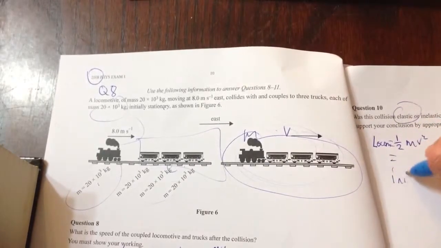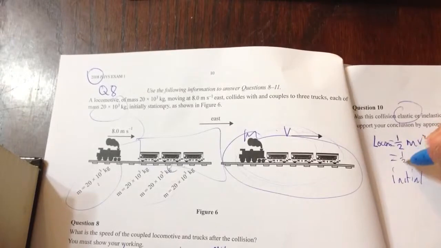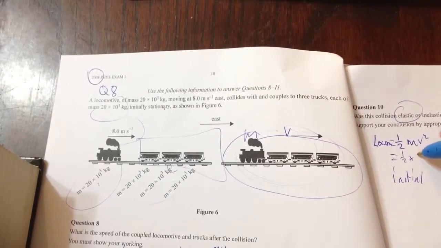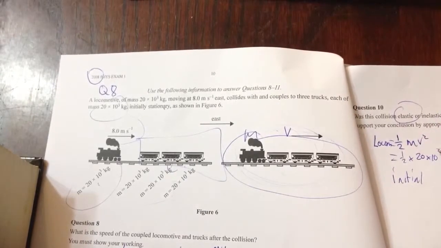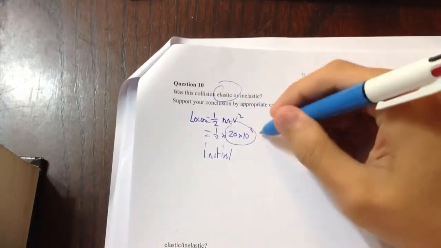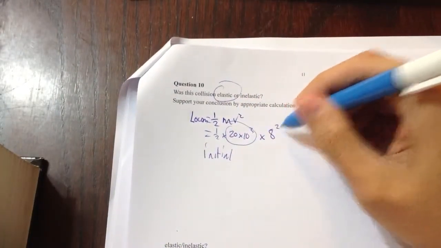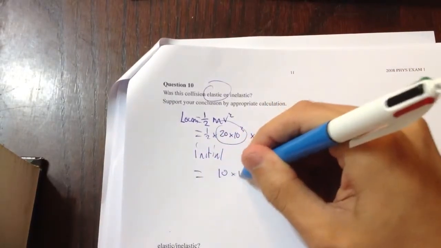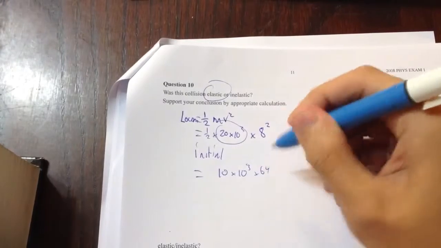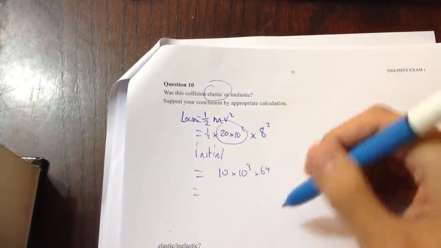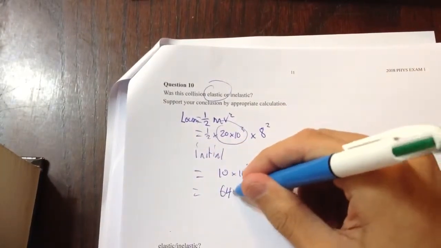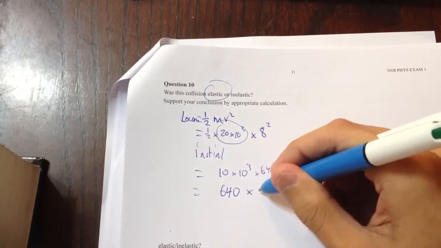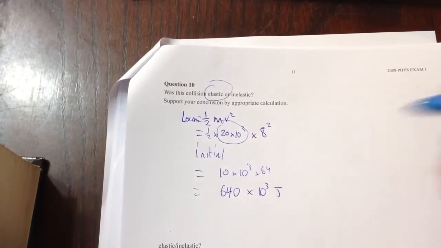So initial energy equals half times 20 times 10 to the 3 times 8 squared, which equals 640 times 10 to the 3 joules.